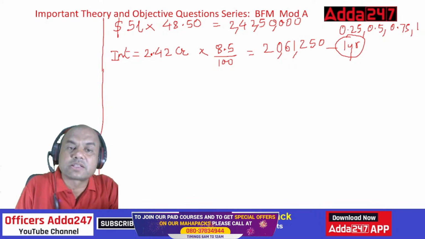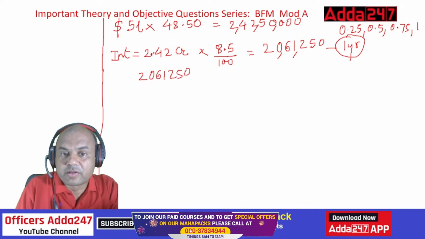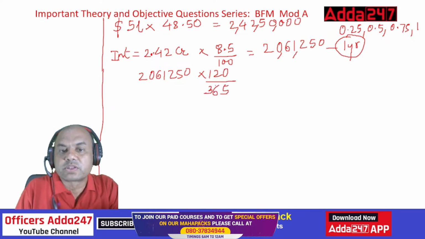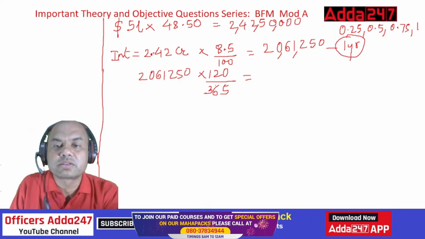So, actual interest will be 2061250 for 1 year, into 120 upon 365. Because if the interest is this much for 365 days, then for 120 days I have to multiply it by 120 by 365.